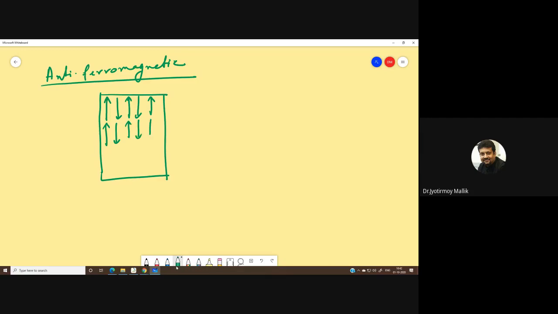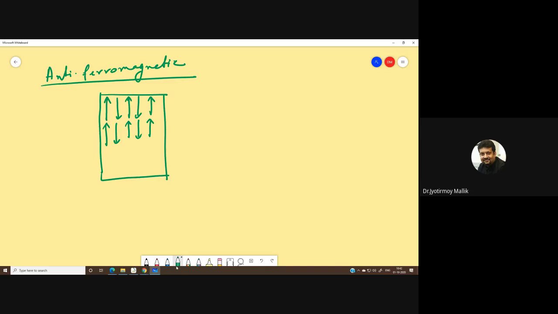It has a very high susceptibility, but the net magnetization becomes zero because they cancel each other.